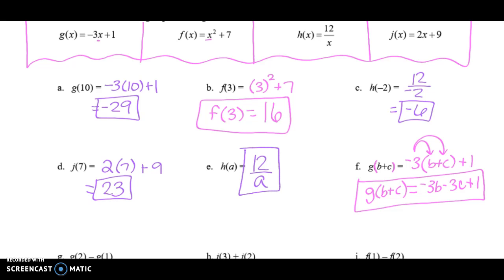Because they're not like terms, it doesn't get any more simple. So how is that? Hopefully it's not too bad.